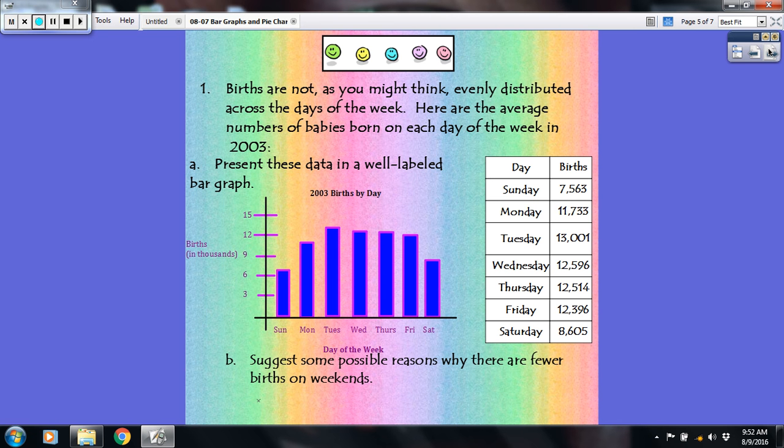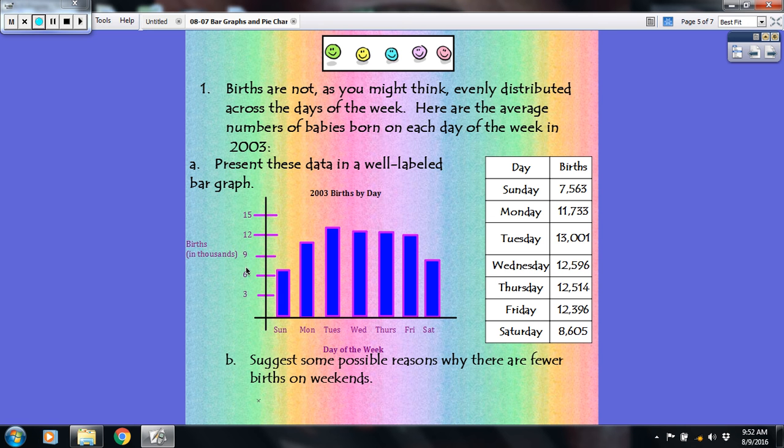All right, so births are not, as you might think, evenly distributed across the days of the week. So here's the average of babies that were born each day of the week in 2003. As you see, in creating this bar graph, I am counting births in the thousands here.